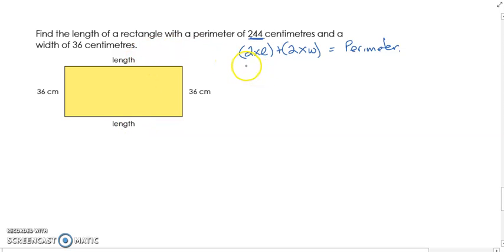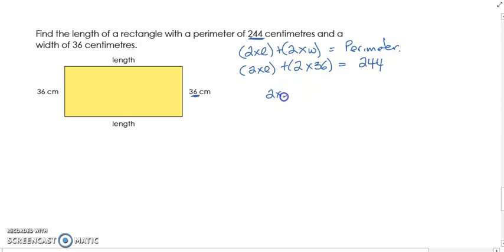The question did not tell us, so we're just going to say 2 times length plus 2 times width, 2 groups of width. Do we know what the width is? Yes, we know the width is 36. So 2 times 36 is equal to the perimeter. Do we know the perimeter? Yes, the perimeter is 244.